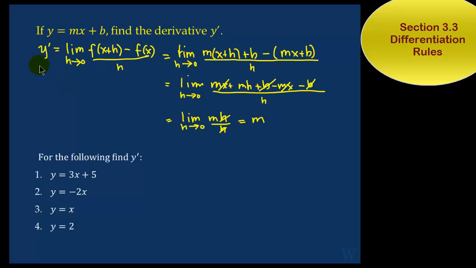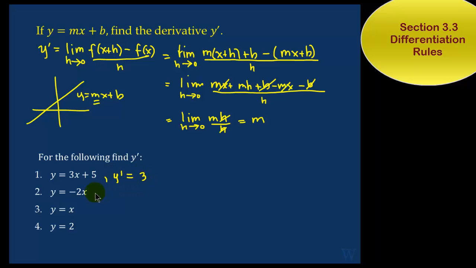That should be the derivative of a line, because for any line y equal to mx plus b, the slope of the tangent line would be the line itself, so the slope will be m.